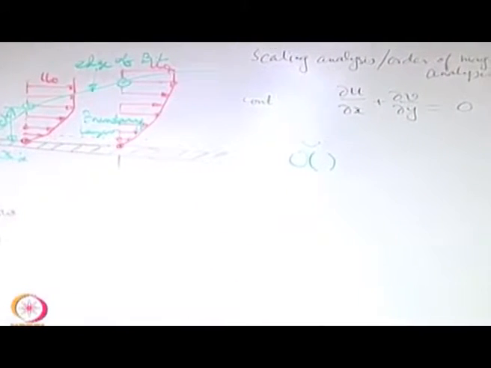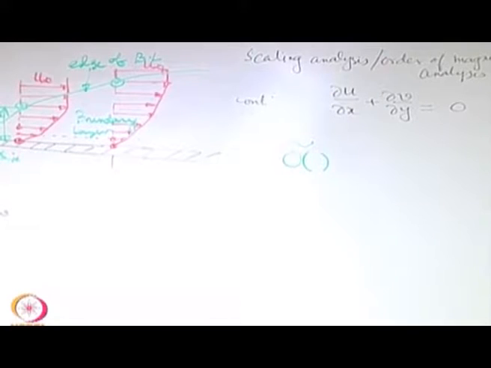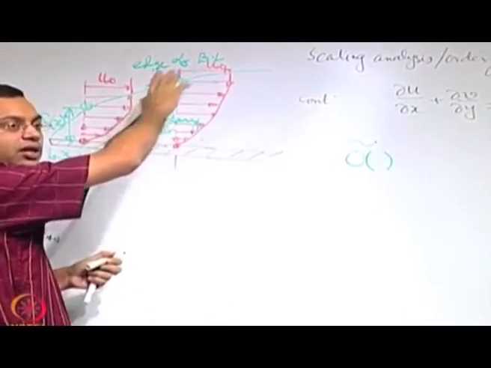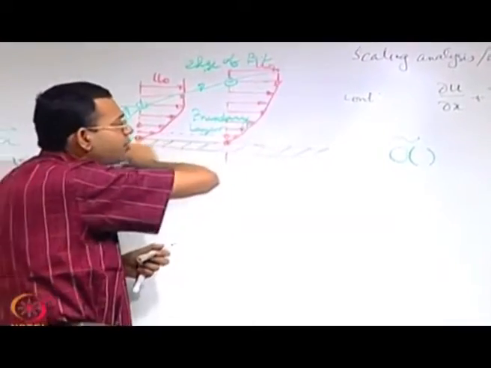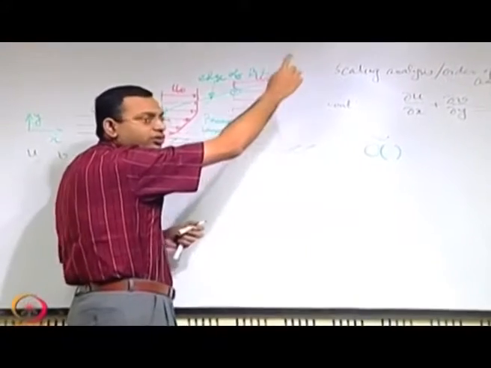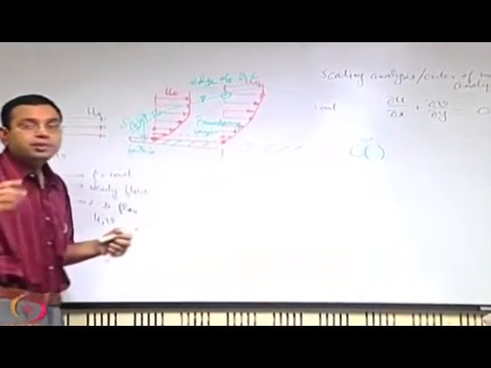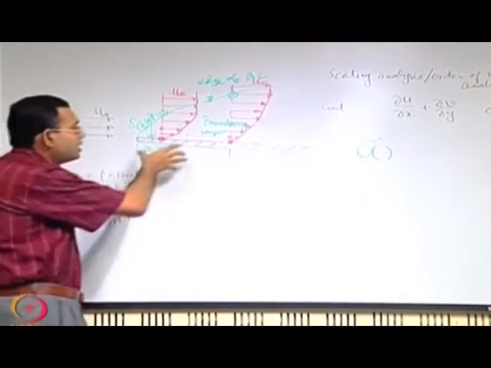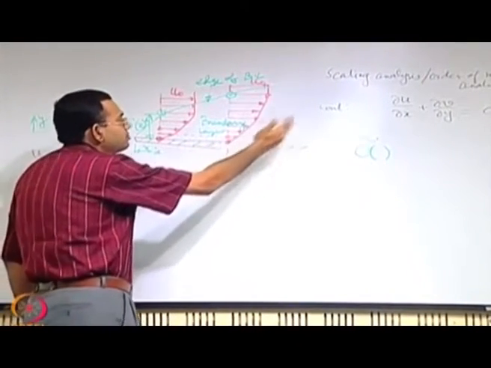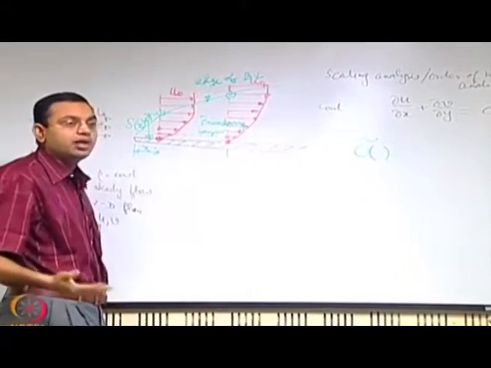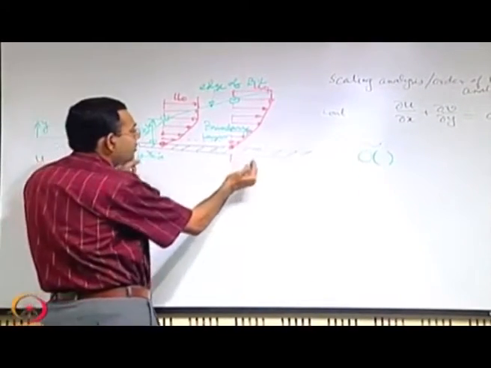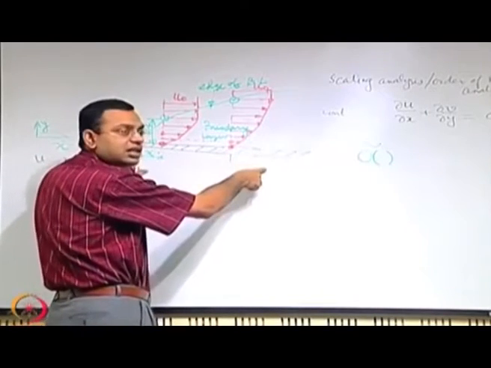and this type of problem is physically like a marching problem. That means you start marching along the plate, and as you march further and further you see that the boundary layer is growing and growing. If the plate was at infinity, it would have grown, maybe not mathematically in exactly the same fashion, because initially it is laminar, but after some distance the boundary layer may become turbulent, because the Reynolds number here is defined on the basis of the characteristic length scale, which is the axial length scale.